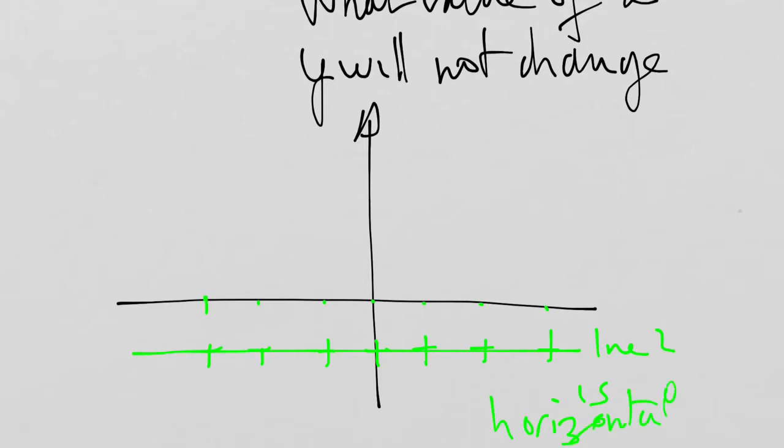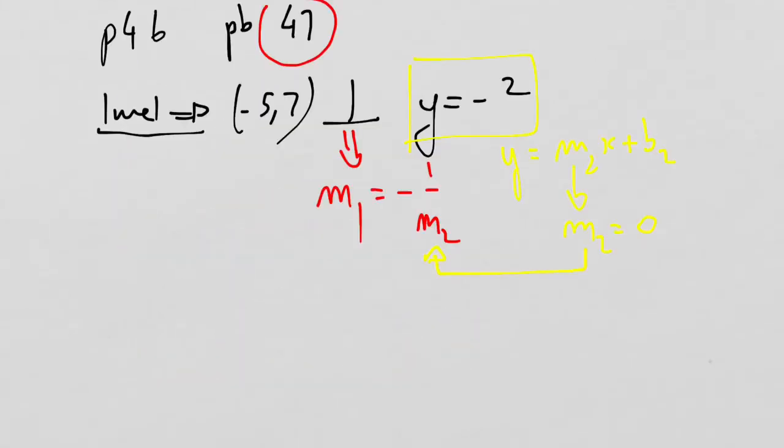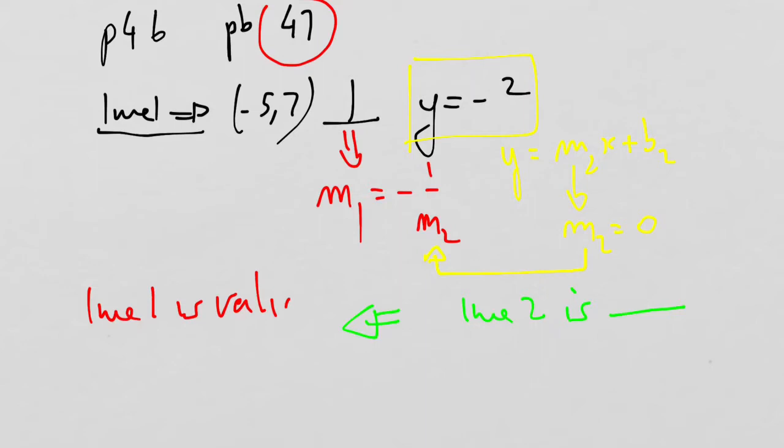And if the line number 2 is horizontal, because I know from the get-go that the line number 1 is perpendicular to the line number 2, that implies that the line number 1 is vertical.